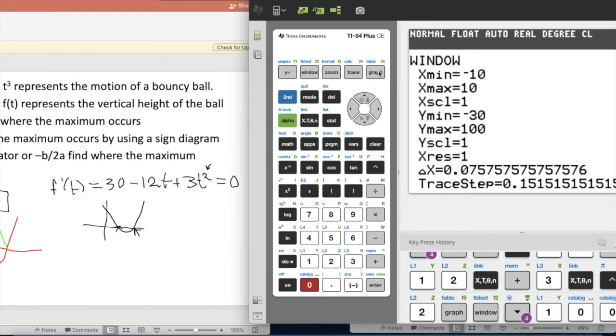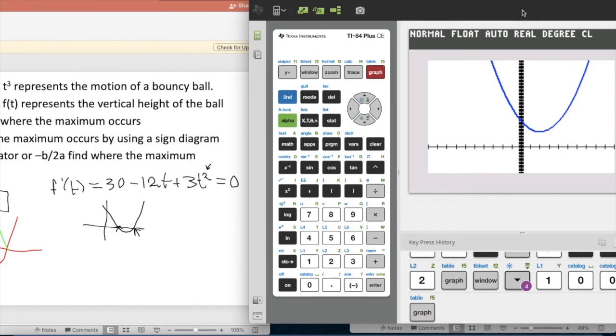Now, in the mark schemes, it doesn't really require you to do much more than that. However, I would recommend you write a quick sentence so you show to the examiner you know exactly what you mean.